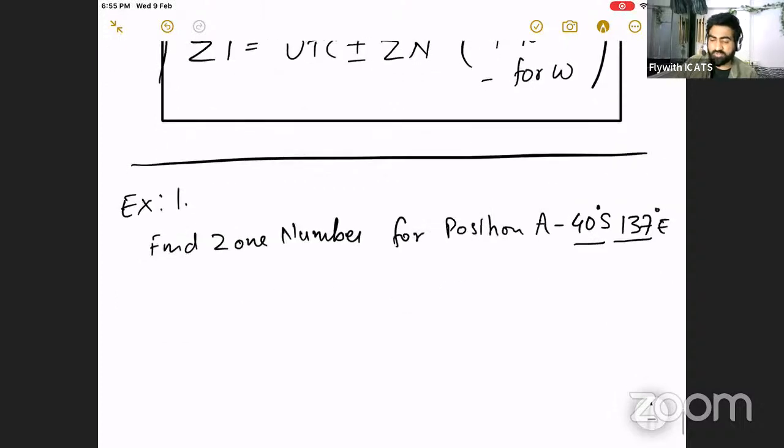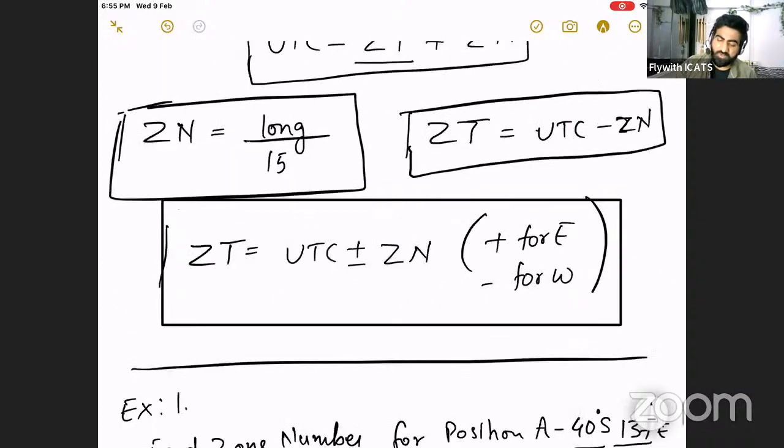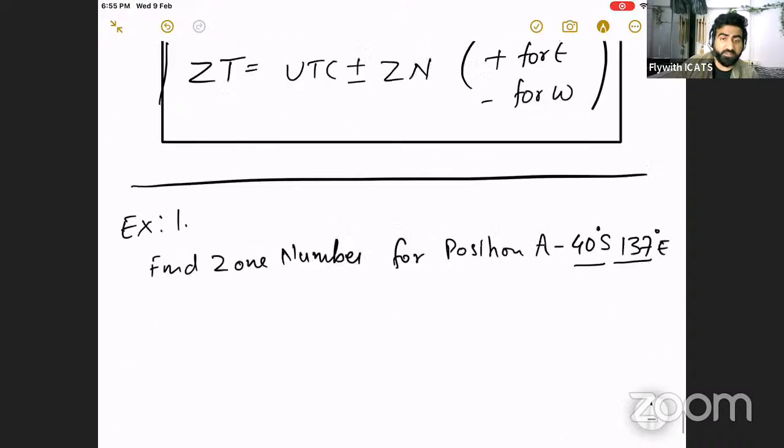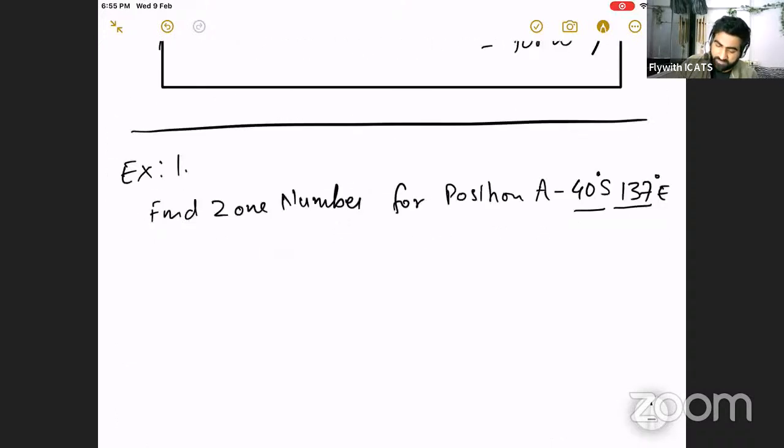How do you get zone number, students? Zone number is longitude by 15. Here, your solution would be zone number is equal to longitude by 15.